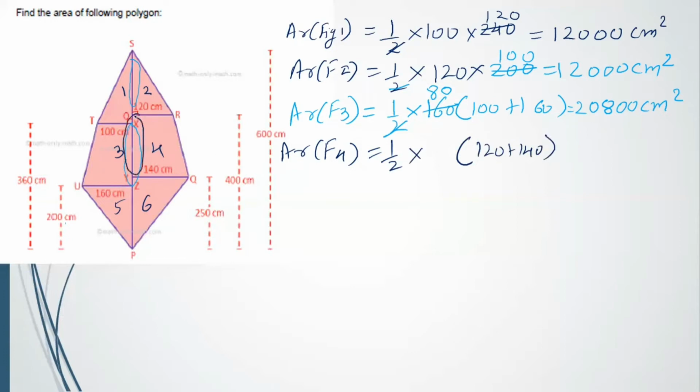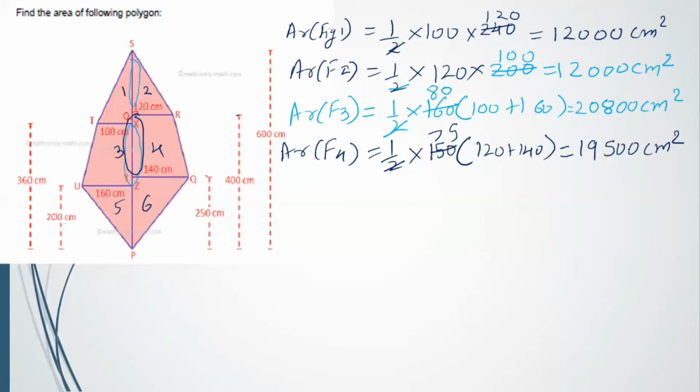This is 400 and this part is 250. So 400 minus 250, I get the height as 150 centimeters. Let us simplify: 150 divided by 2, I get 75, and 75 into 260, I get 19,500 centimeters square.